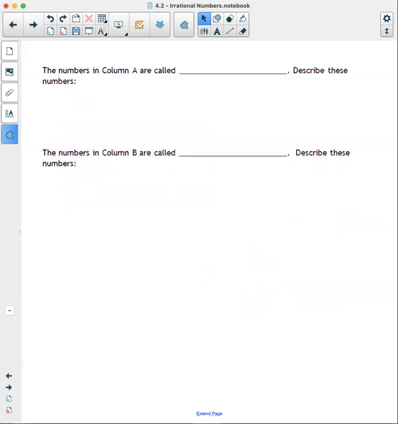Just to summarize what we've just talked about, and to give a nice definition: the numbers in column A are called rational numbers, and the definition of these numbers is any number that can be written in fractional form.